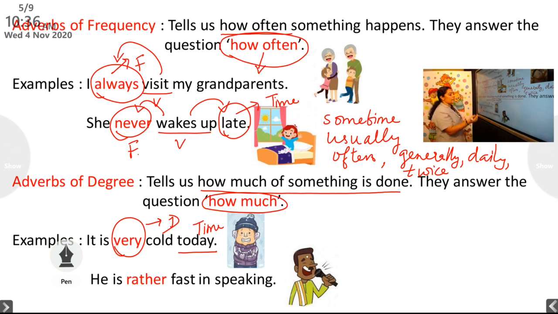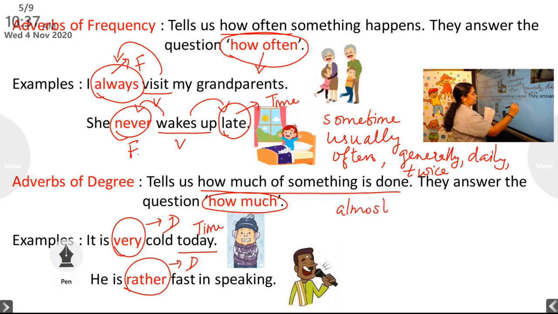Next one, he is rather fast in speaking. How much fast is he in speaking? Rather fast means very fast. So this is also an adverb of degree. So many words are given which you have to keep in your mind, like very, rather, almost, nearly, hardly.